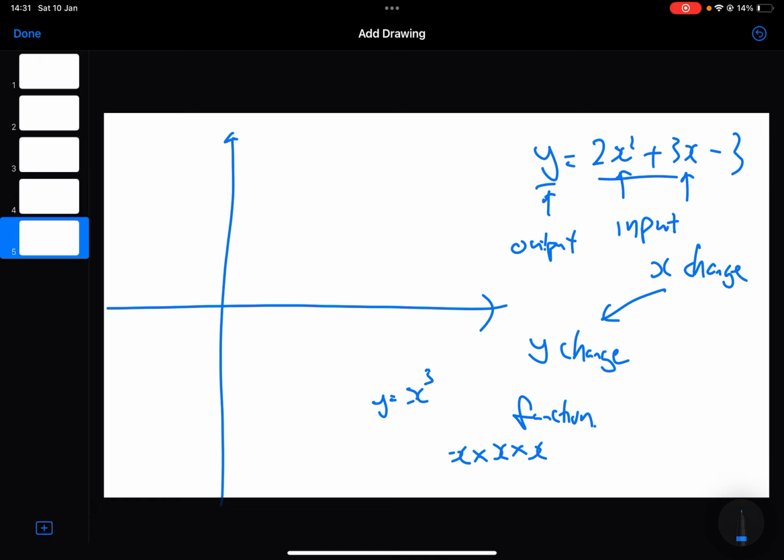For example, if x is at first 0, so x is 0, then 0 times 0 times 0, your y will also be 0. But when my x goes to 2, then my y is 2 times 2 times 2, become 8 already. So my x increased by 2, but my y increased by multiplying itself so many times, so it increased even faster.